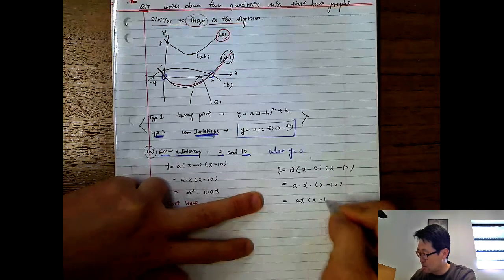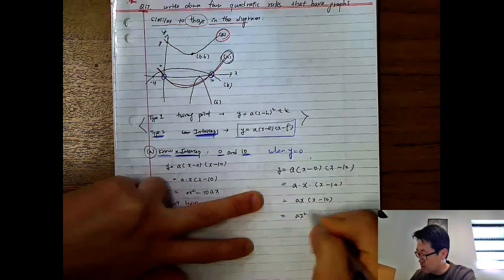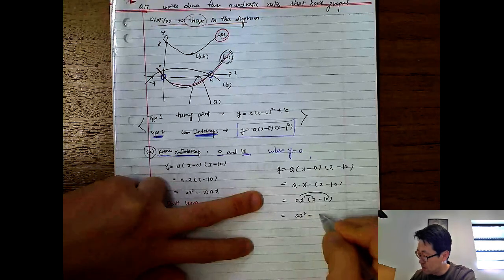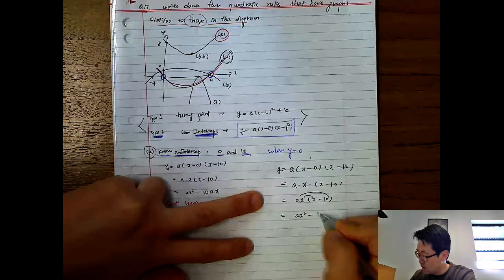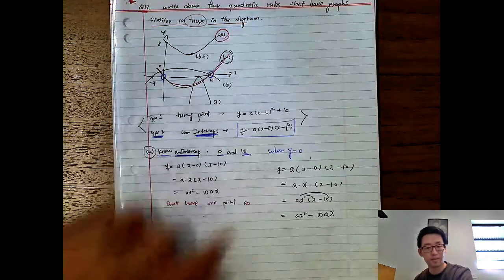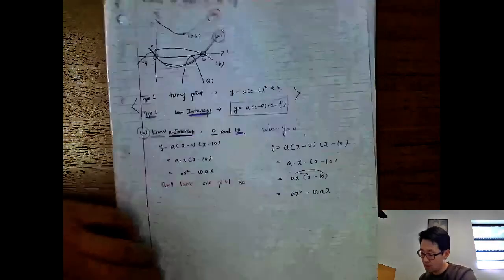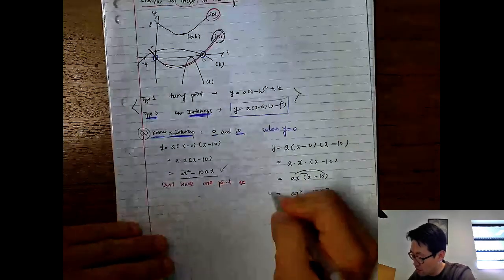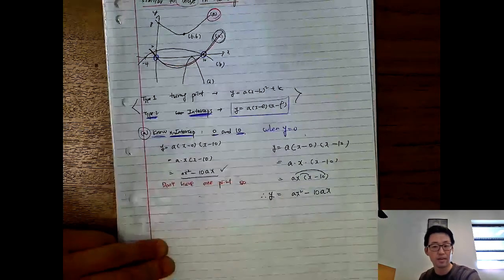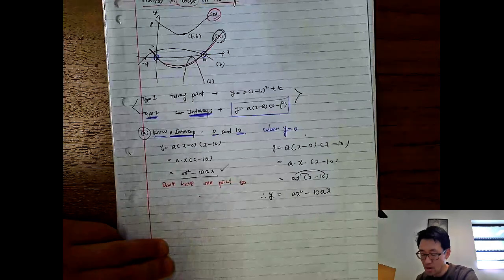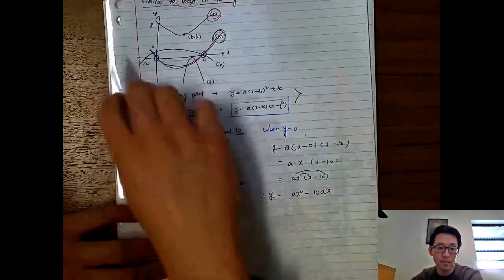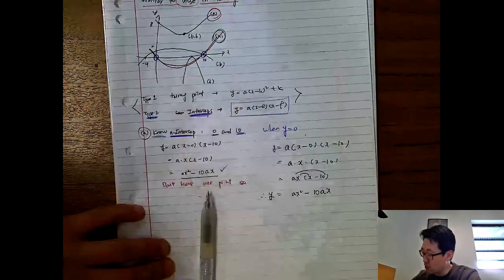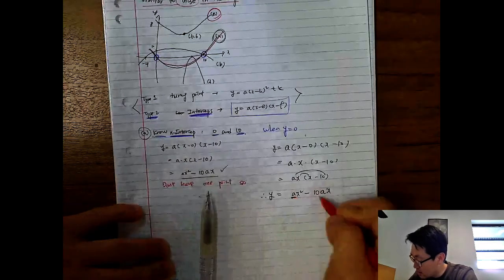Ax, x minus 10, ax squared, we open that up, minus 10ax. That's what I have here. Okay, so y equals this. And then, yeah, all we need to know is what is A, isn't it?